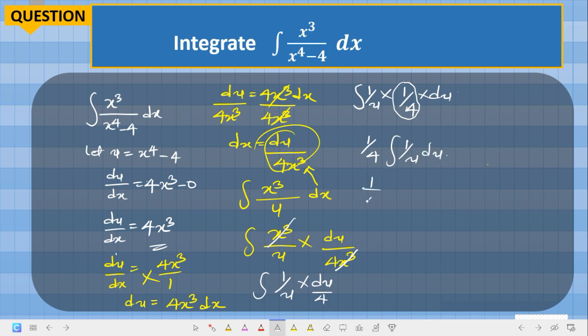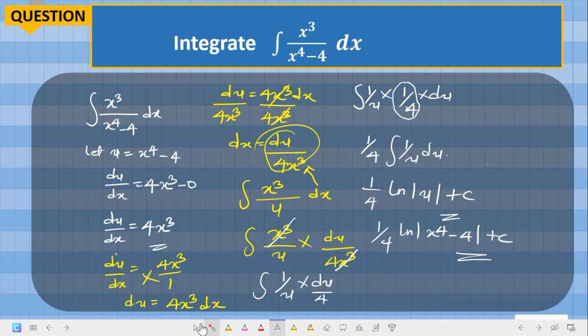So this becomes 1 over 4. Now, the integral of 1 over u is the natural logarithm of the absolute value of u plus the constant c. This becomes 1 over 4 times the natural logarithm of what is our u? Our u is s raised to the power of 4 minus 4, and then plus c. So that is the solution to this question.